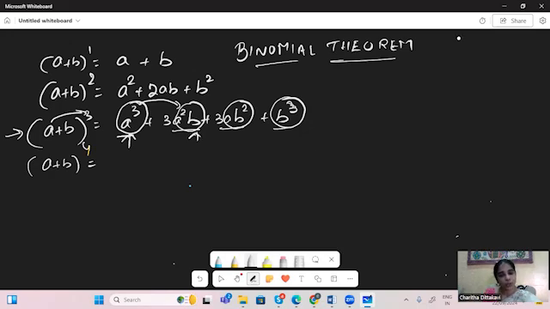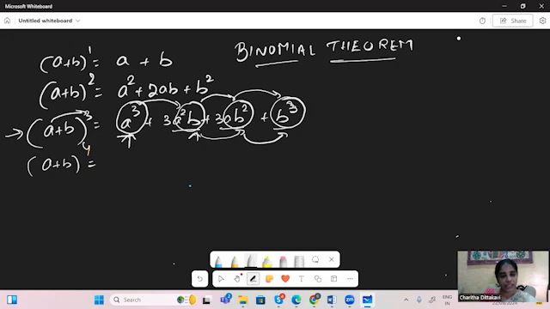So now a has got a power 2, b has got a power 1. Next, again another step down for a, that is a, and now b has increased to b square. Another step down for a, that is a to the power 0. It's almost nullified there, isn't it? Now b is in topmost priority, that is b cube.